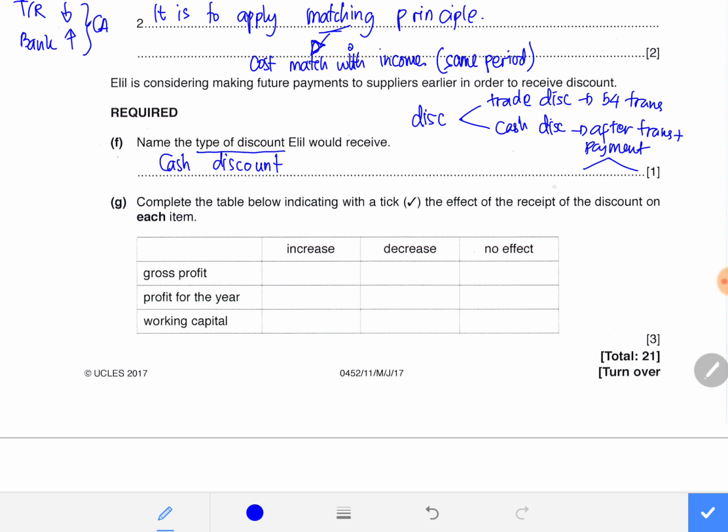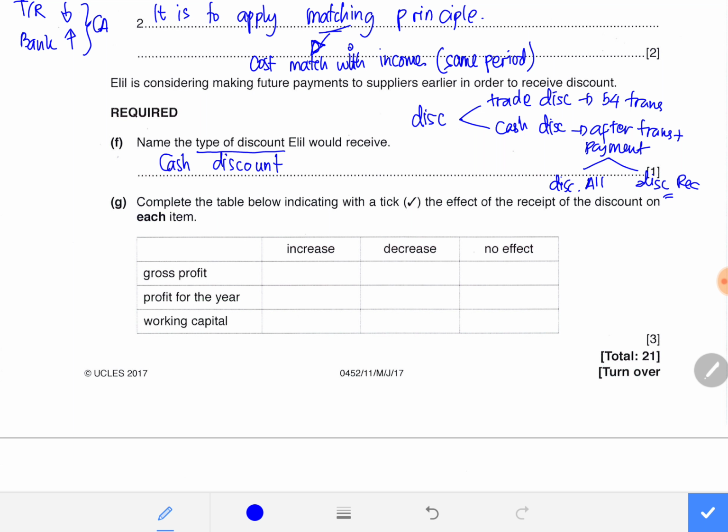Cash discount is divided into two, discount allowed and discount received. Now, you are required to name the type of discount. So the type of discount is cash discount because it is considered as discount received.